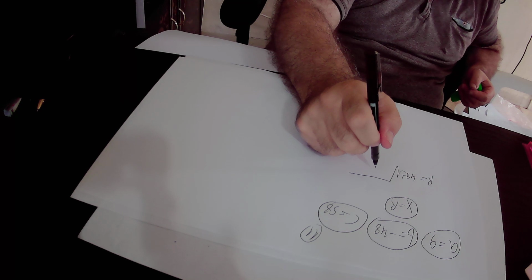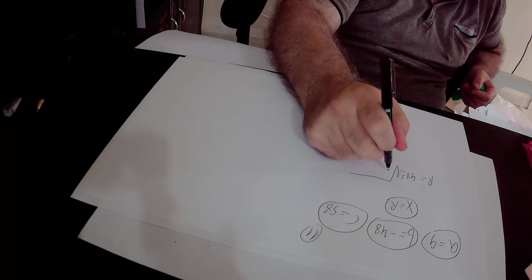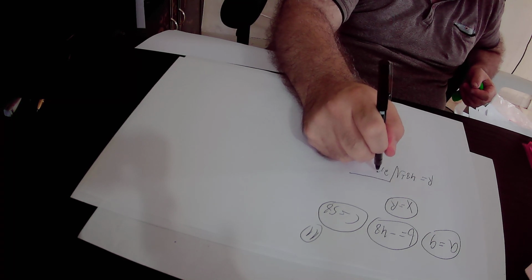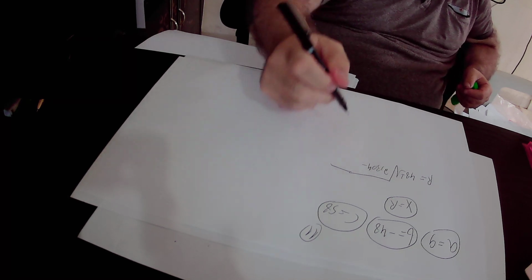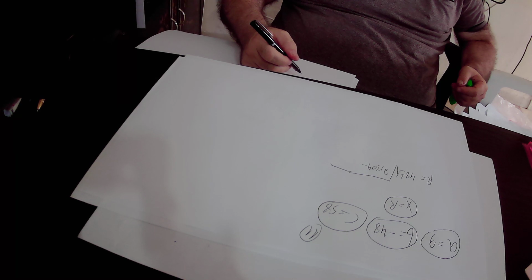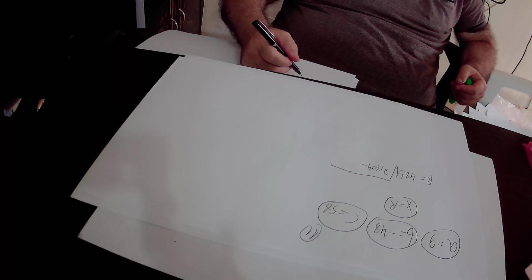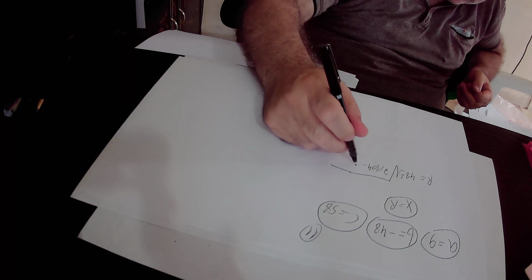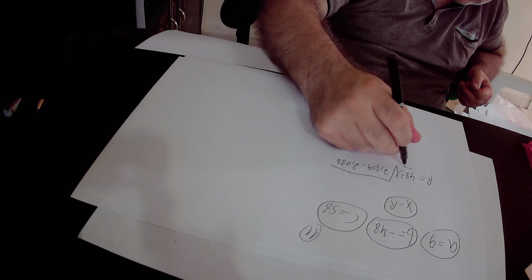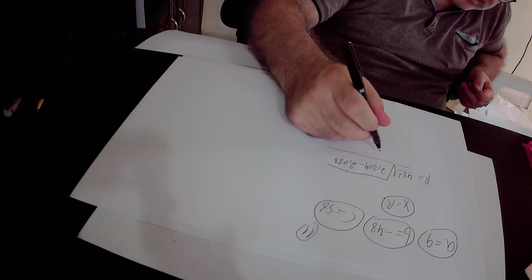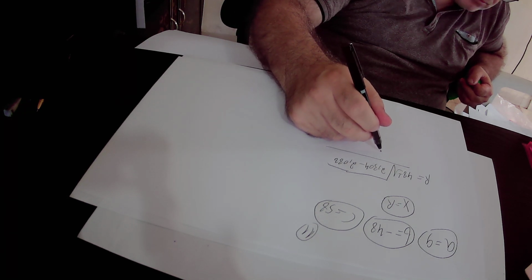B is minus 48, so b squared is minus 48 squared, that is 2304. Minus 4 times a is 9, so minus 4 times 9 is minus 36, and minus 36 times 58 is 2088, over 2a. A is 9, so 2a is 18.